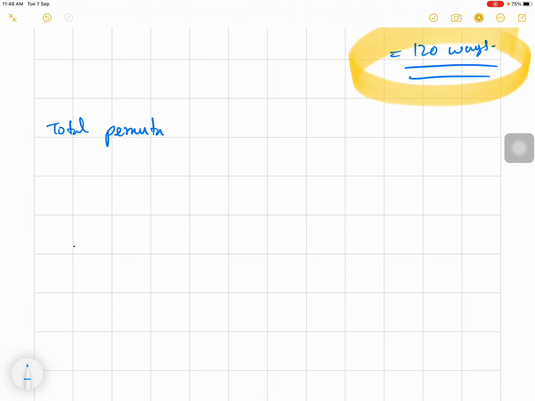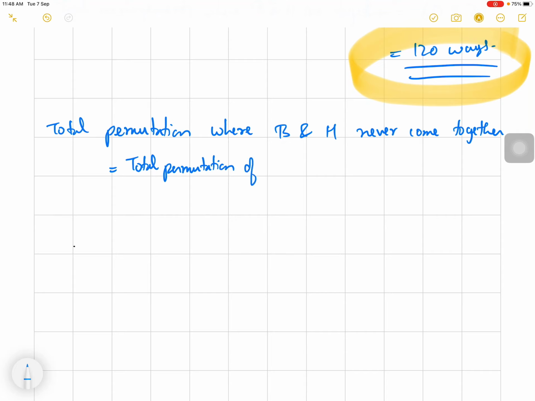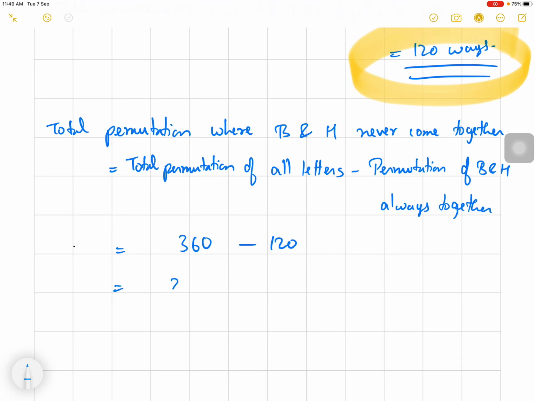Total permutation where B and H never come together is equal to total permutation of all letters minus permutation of B and H always together. So 360 minus 120, so 240 ways.